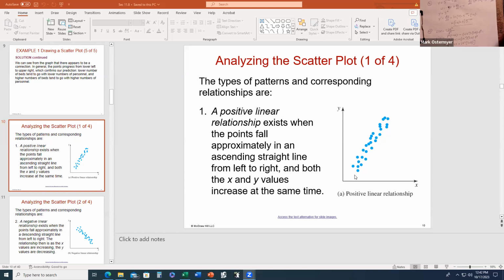Well, for one thing, if your points tend to rise from lower left to upper right in the first quadrant of the XY plane, we say that we have a positive linear correlation between X and Y. Another way of saying that is we have a positive direct correlation or direct relationship between X and Y. And the closer all these points are to lying on a single straight line, the stronger that relationship is.